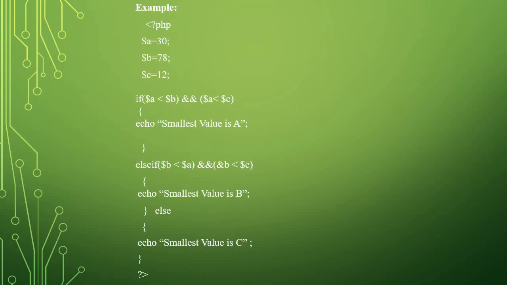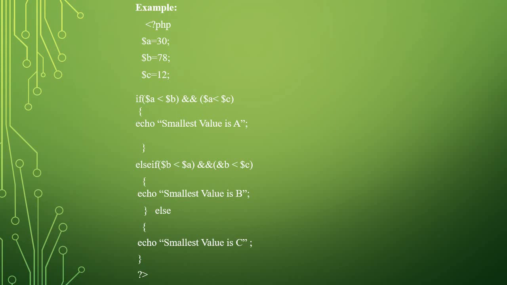For example, out of 3 values, which one is the smallest value? For example, $A equal to 30, $B equal to 78, $C equal to 12. We can check like this: if $A is less than $B and $A is less than $C, then A will be the smallest number.